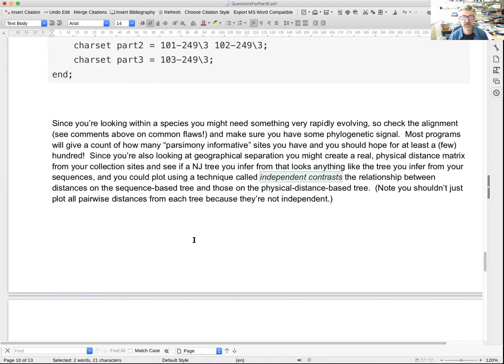And if you're looking at something like the correlation coefficient for points on a graph, then you need them to be independent. What independent contrasts does is it finds sets of points on the trees that are definitely independent of each other because they don't overlap. So it's parts of the tree that don't overlap, and it plots those.